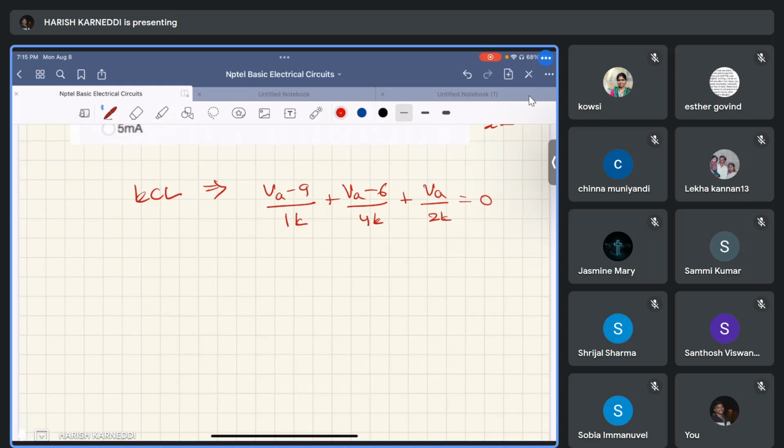But what's the LCM? It is 4K. What about this thing? 4VA minus 4 into 9, it's 36, plus VA minus 6 plus 2VA equal to 0, right?